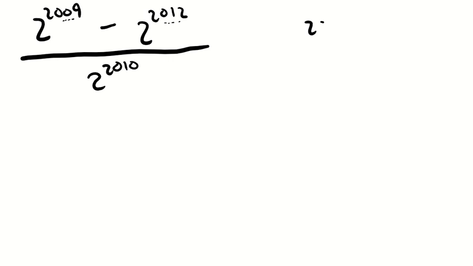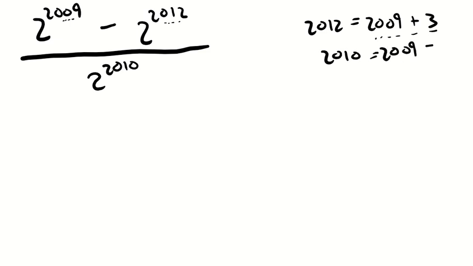So we know that 2012 is equal to 2009 plus 3. So in the place of 2012, we're going to put this. In the place of 2010, we know that it's equal to 2009 plus 1. So we're going to put this in the place of 2010. So now let's write this again.